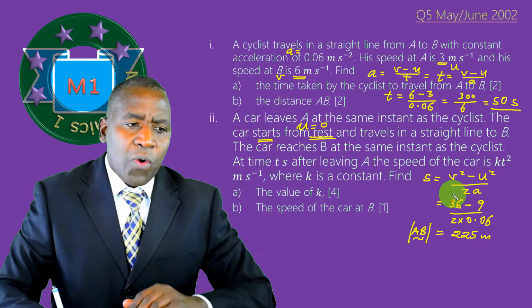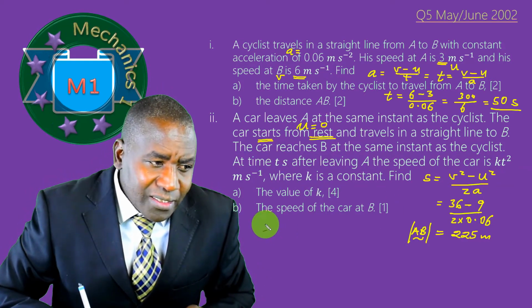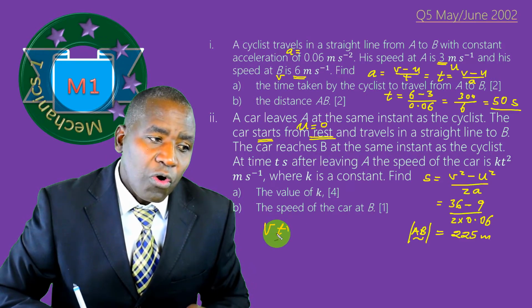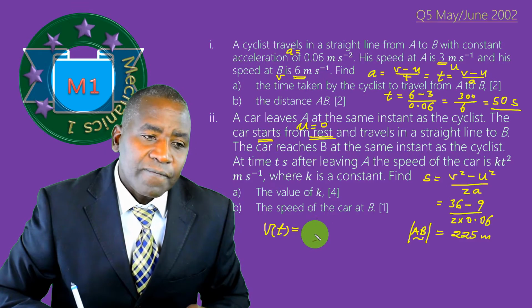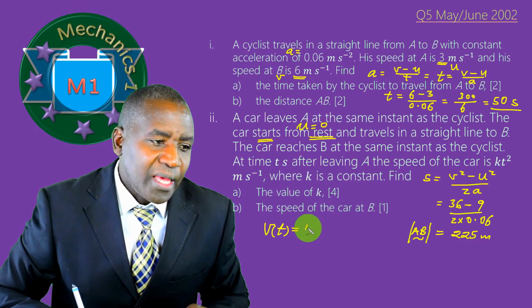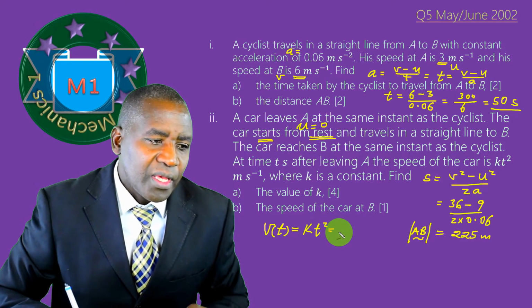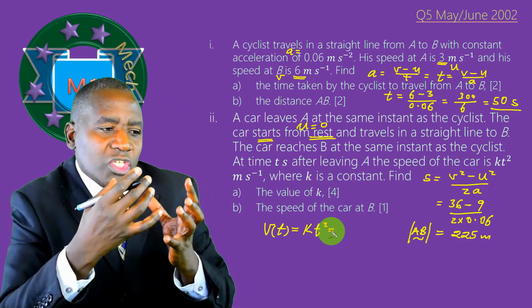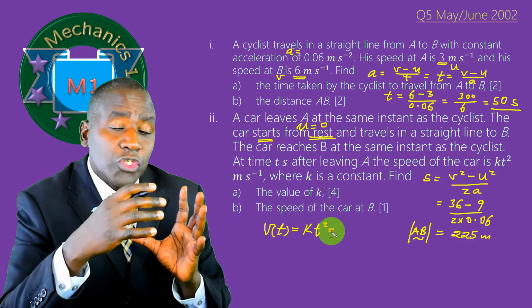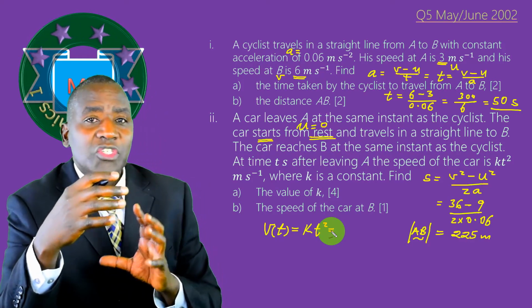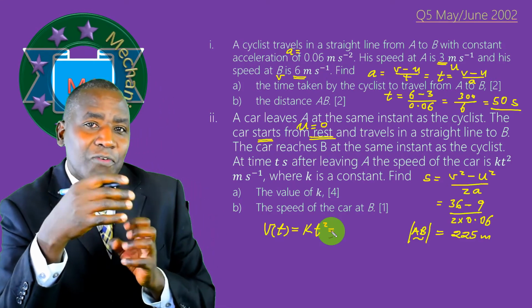At time t seconds after leaving A, the speed of the car is kt squared meters per second, where k is a constant. When I look at this, I can see that the velocity of the car is a function of time, and it's given by kt squared. When I'm given either the velocity or the acceleration to be a function of time, I usually know that some differentiation and integration is involved.